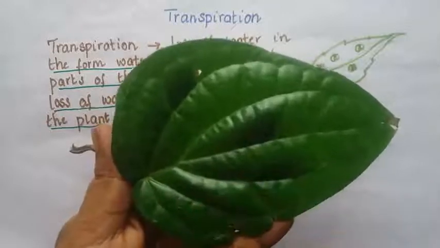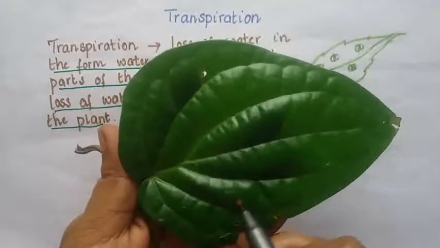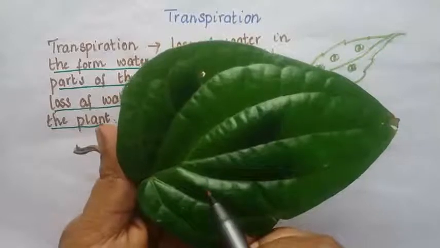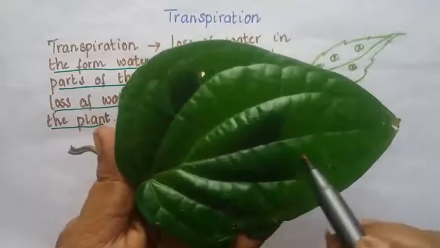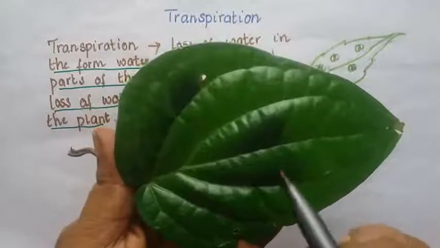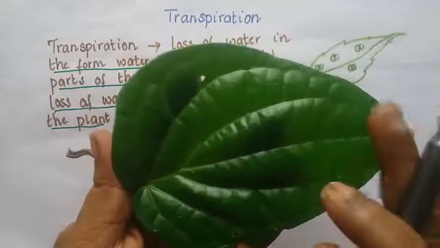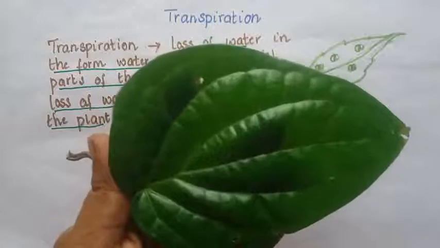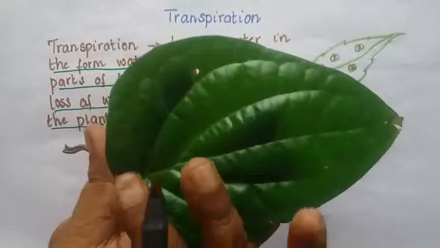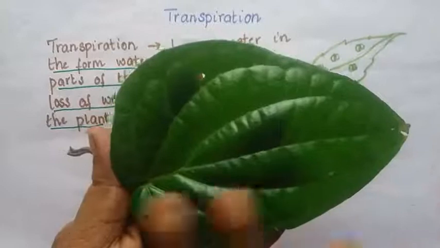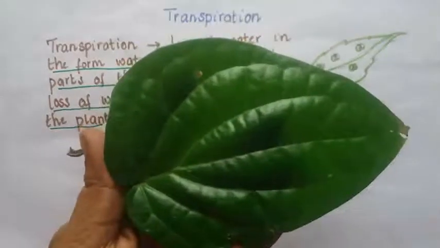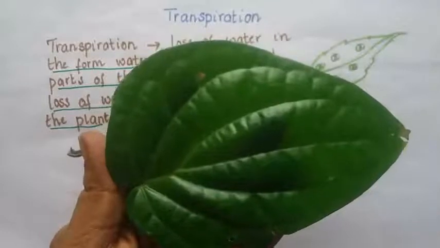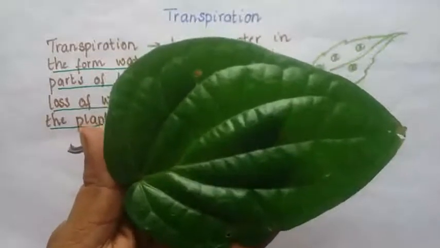In one particular square centimeter itself, you may find hundreds to thousands of stomata in one square centimeter of the lamina of the leaf. So you can imagine that there are innumerable stomata on the entire surface of the leaf, which we call the epidermis of the leaf, which I will be teaching later on.